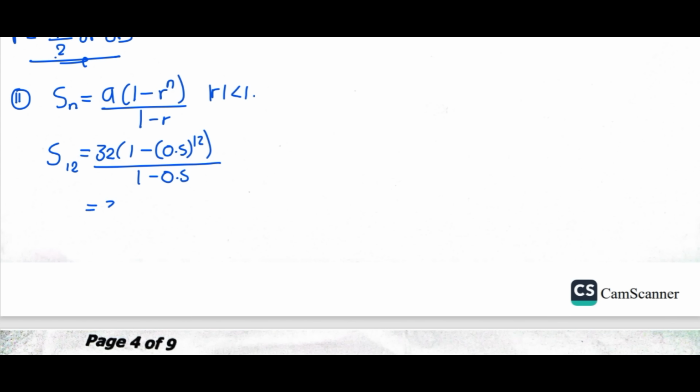Okay, so what is 0.5 raised to the power 12? According to my calculations, I'm getting 2.44140625 times 10 to the power negative 4, over 1 minus 0.5.